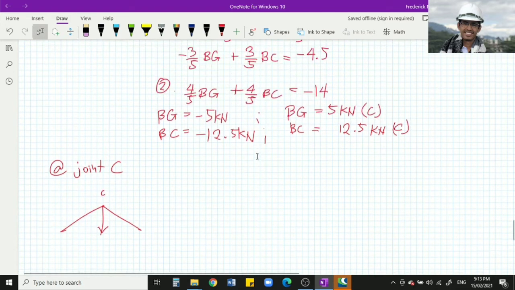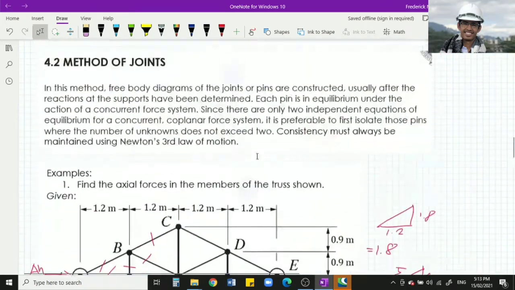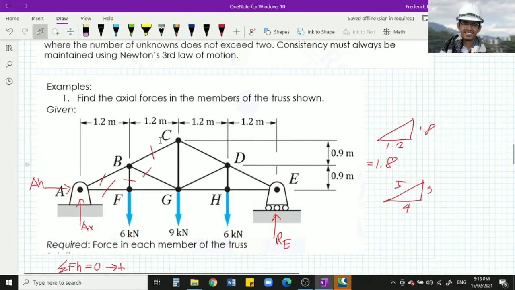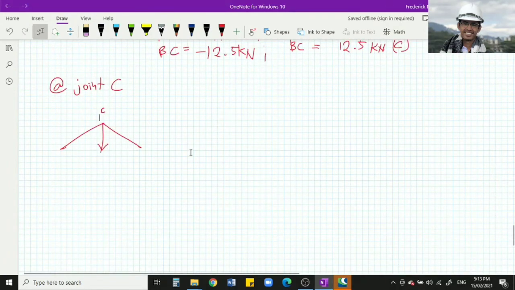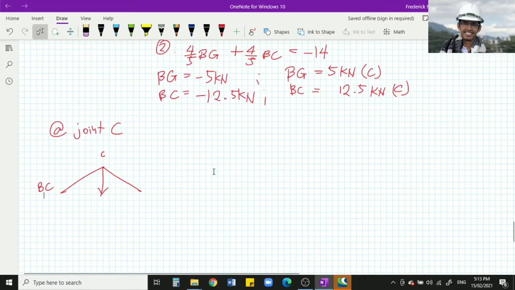So, yung force natin dito sa ating BC, so compression siya. So yung BC natin is negative 12.5 kilonewton. So compression siya negative. So towards siya dun sa ating joint. So this is 12.5 kilonewton.